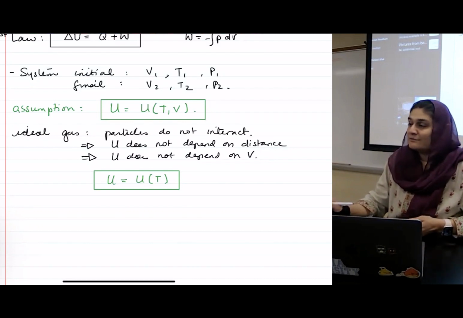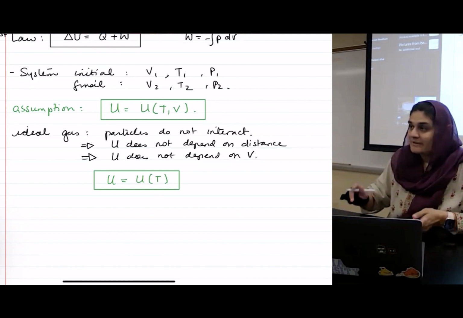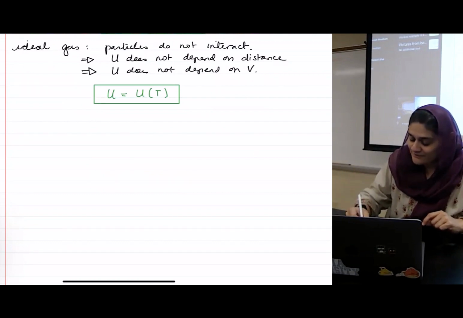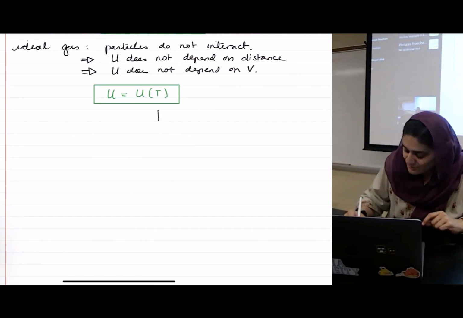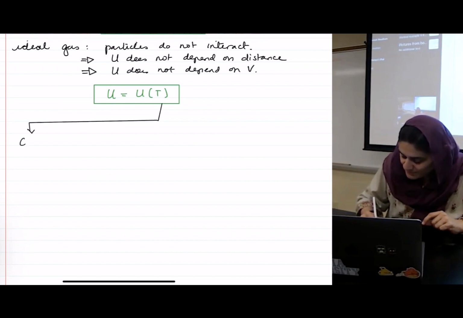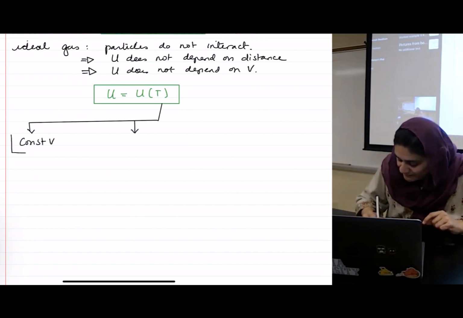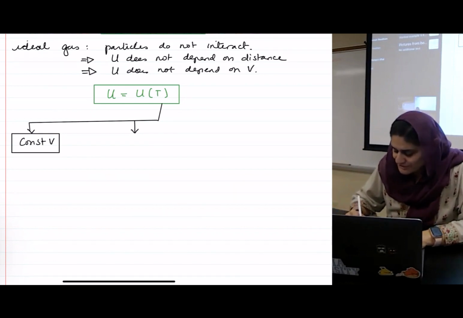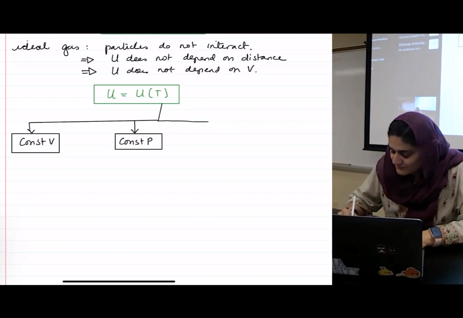Okay, leave room for 4. Okay, so then I can study the various processes. Number 1, what process did we have? Constant volume. We could have constant pressure. We could have isothermal.